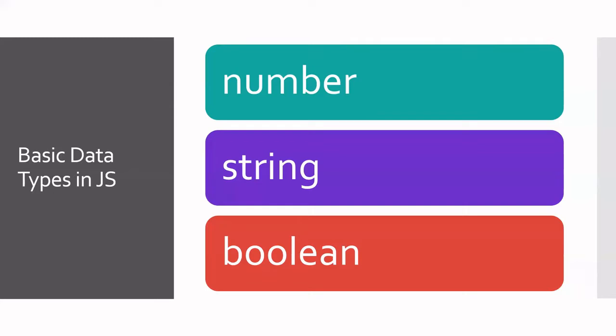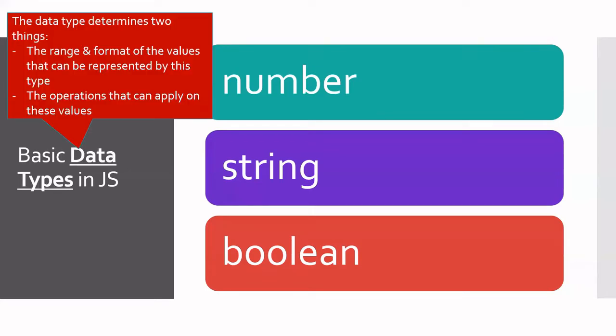The data type determines the range of values, the representation, and the type of operations that can apply on them. So when we say we have three data types, I mean three ranges or three data representations, each of them with specific operations that can apply on them.